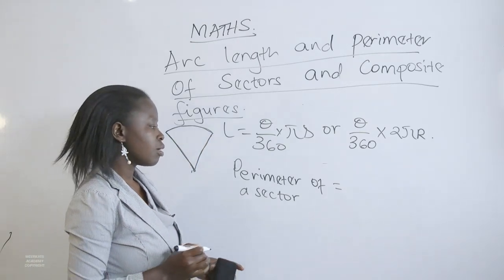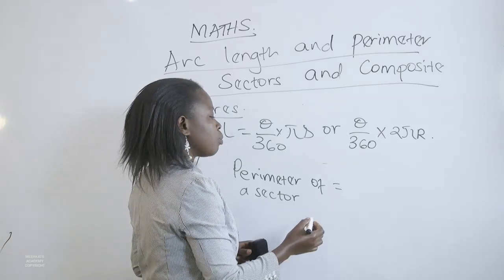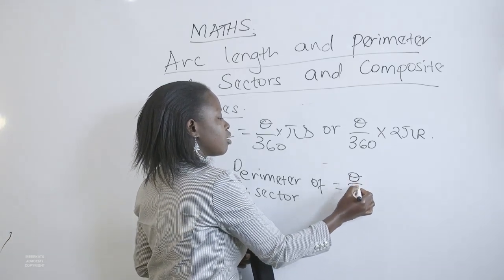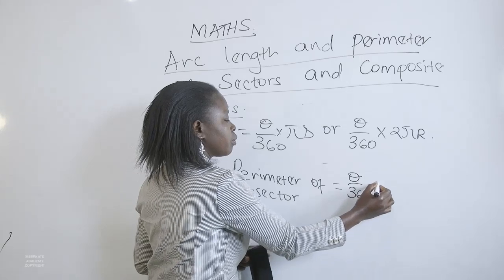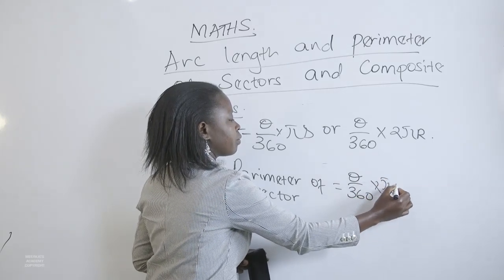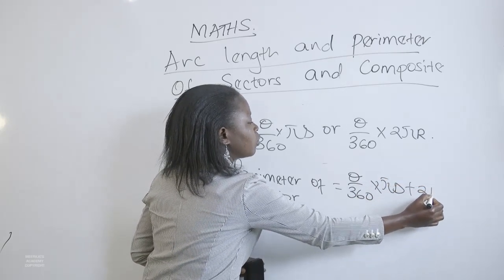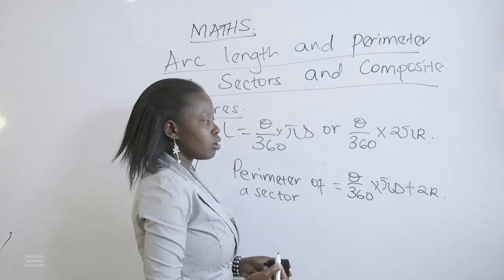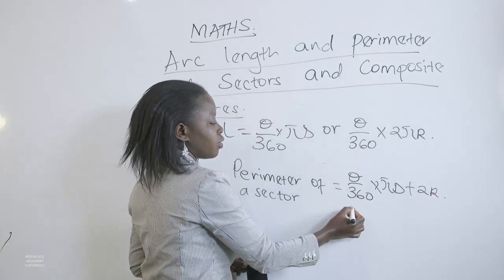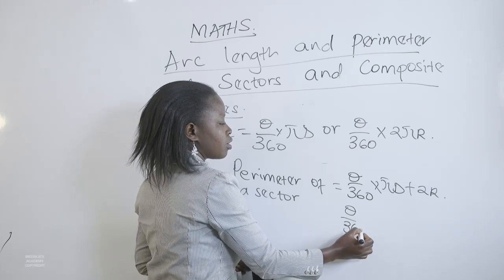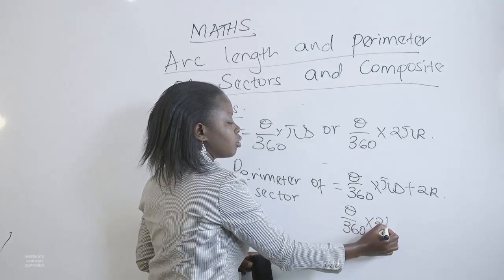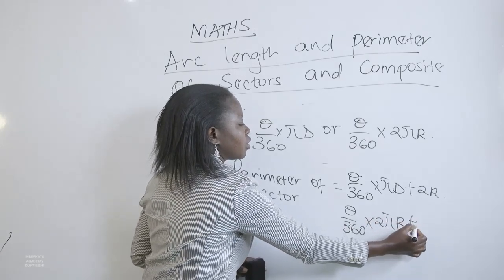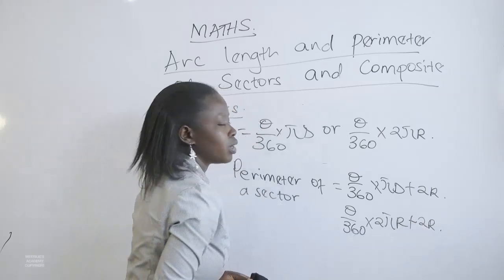So the perimeter of a sector will be obtained by theta over 360 times pi d, plus 2r. Or alternatively, theta over 360 times 2 pi r, plus 2r.